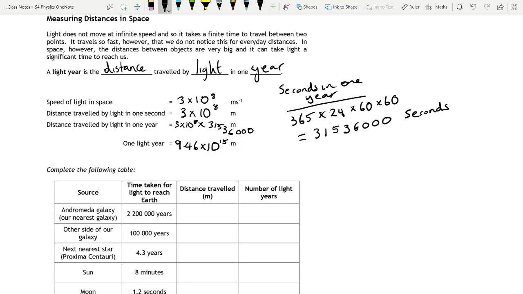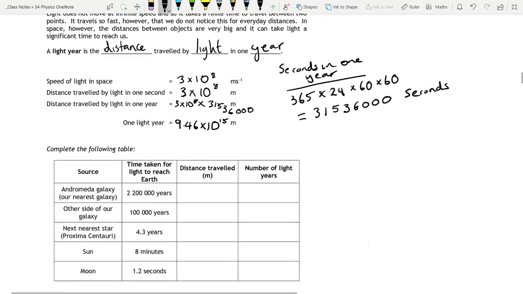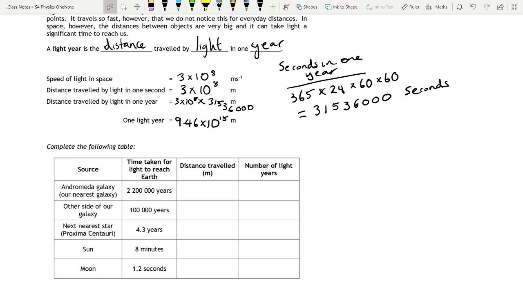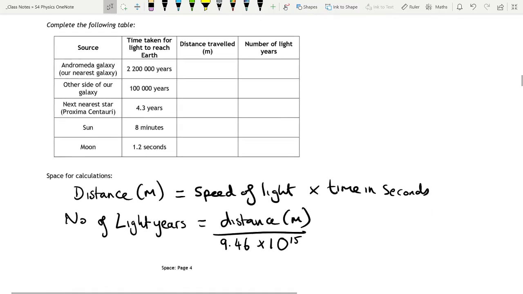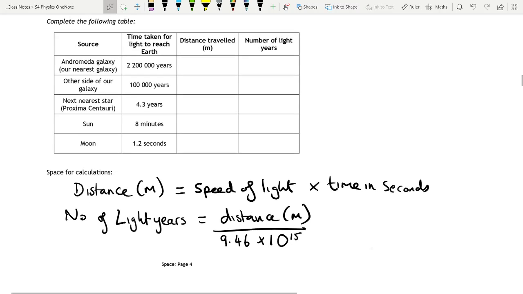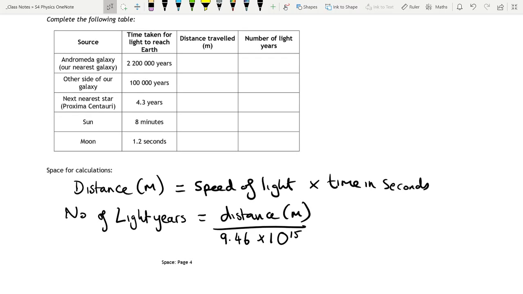Now we're going to have a go at this table, okay? Has everyone got that written down? I've written just the equations that you need to use for this table. So we've got a variety of sources: Andromeda Galaxy, other side of the galaxy, and so on.